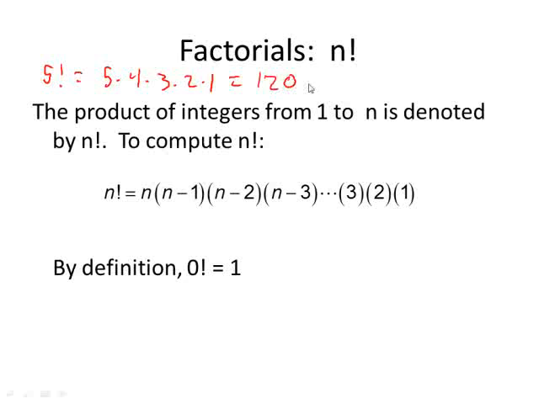So if you have your calculators out, the calculator will compute the factorial for you. So for example, if you wanted to compute 10 factorial without having to do this manually, just take your calculators and type in 10, and then go to the math button, and then across the top you should see an option that says PRB.